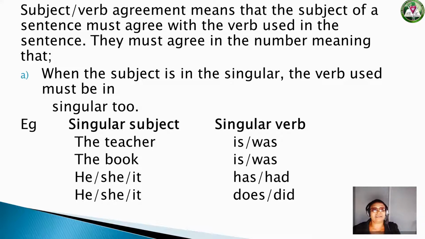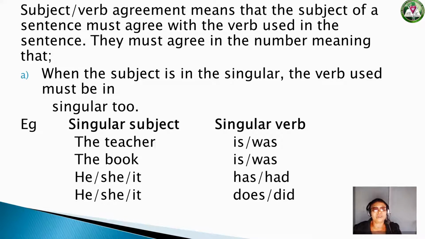Meaning that when the subject is singular, the verb used must be singular too. In other words, when what you are talking about is one thing or one person, the verb used must be singular.